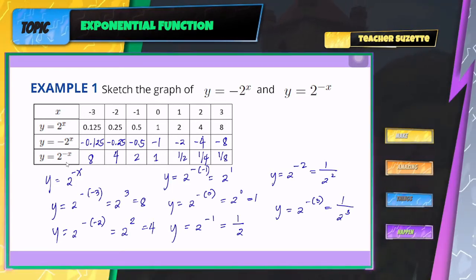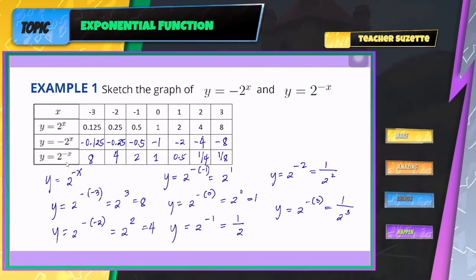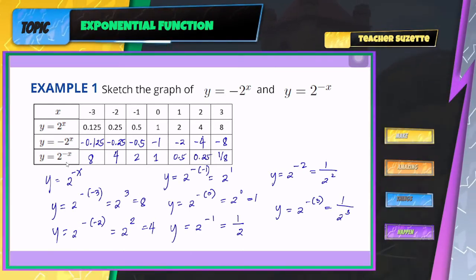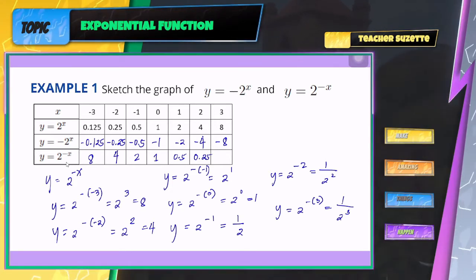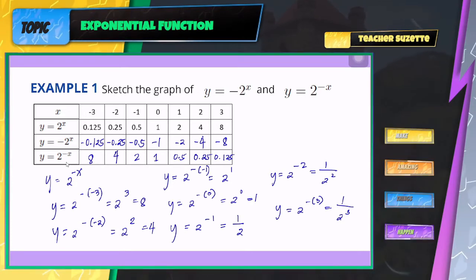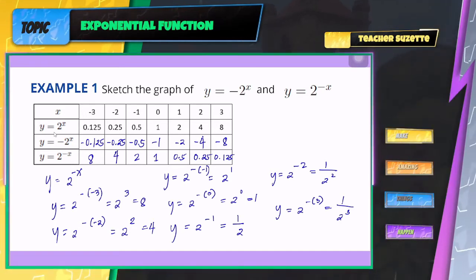Itong ating 1 half can be 0.5. And itong ating 1/4 is equal to 0.25. And ang ating 1/8 is equal to 0.125. So, para makita natin yung similarities niya at madali natin siyang ma-compare with our y is equal to 2 raised to x.